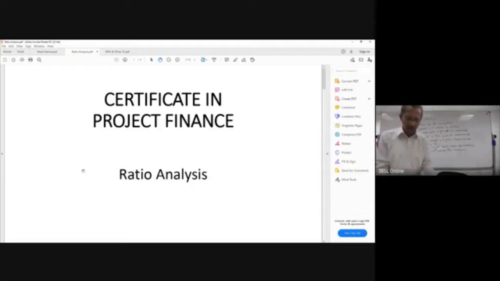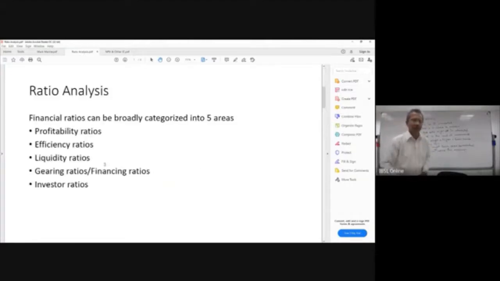So have you calculated these ratios, the examples I have given? We are looking at 5 types of ratios: profitability ratios, efficiency ratios, liquidity ratios, gearing ratios, which are financing ratios, and investor ratios.